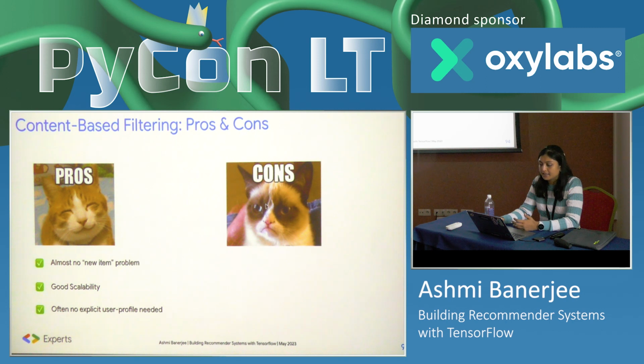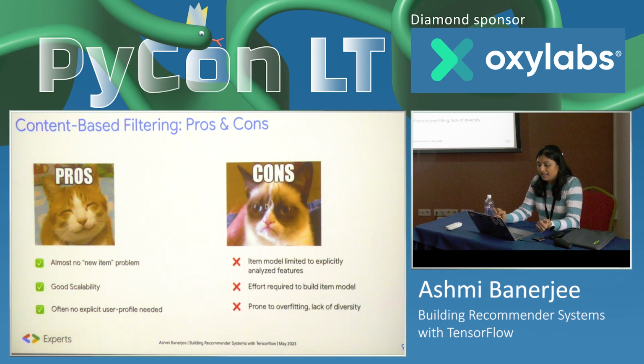On the con side, the item model is limited to explicitly analyzed features, so it cannot take information on the other users and then predict stuff. You also require special expertise to build this model. It can also be prone to overfitting because you're just using the item metadata, and there's not too much novelty in the data, lack of diversity.